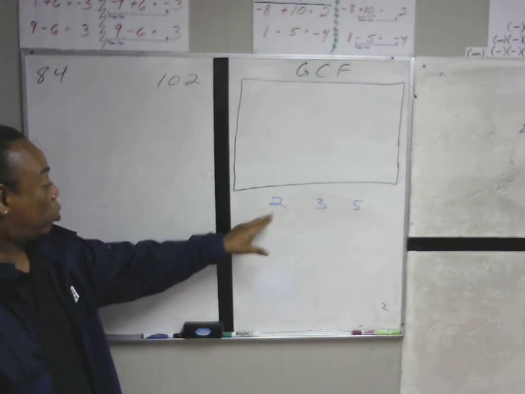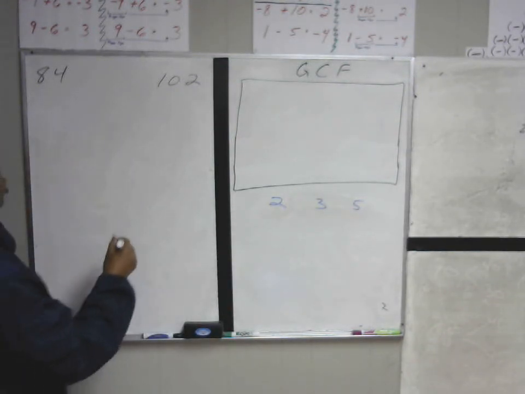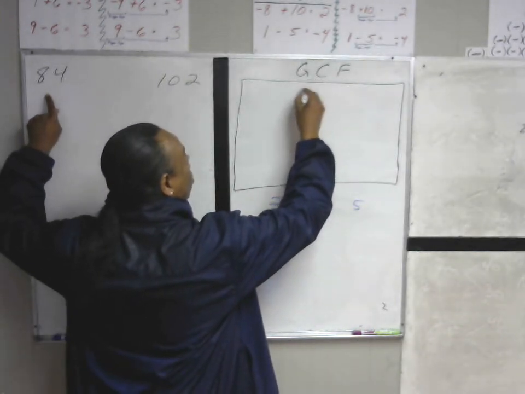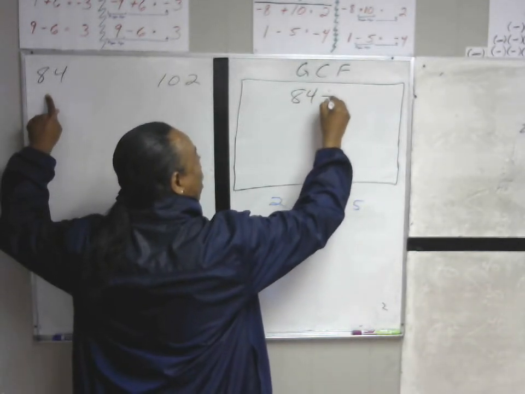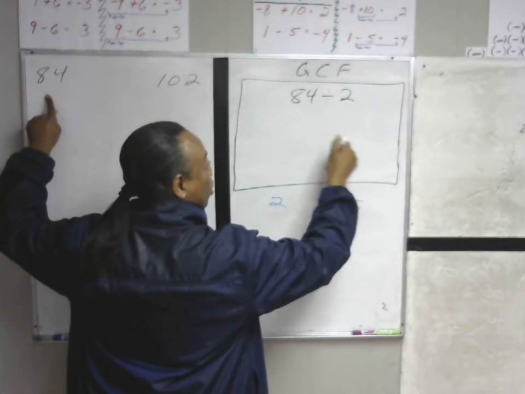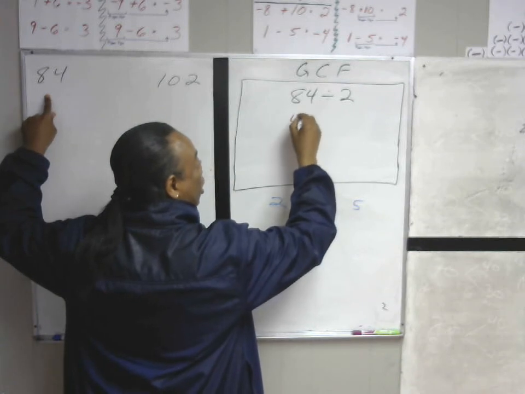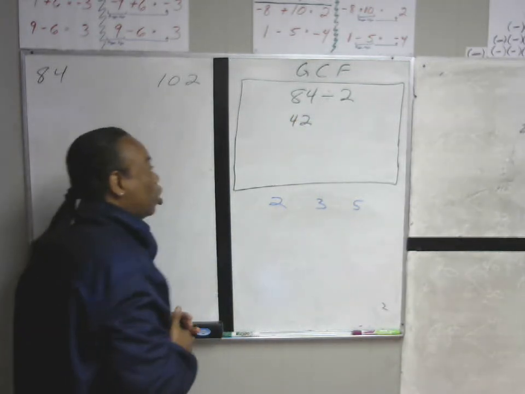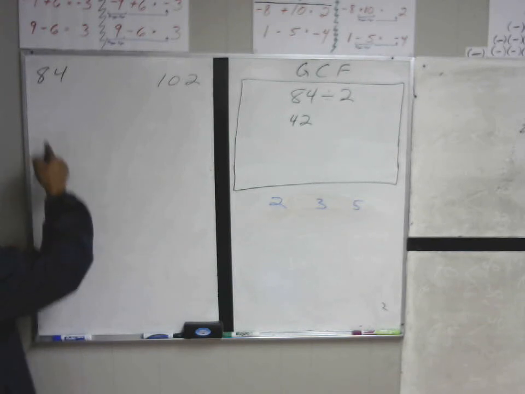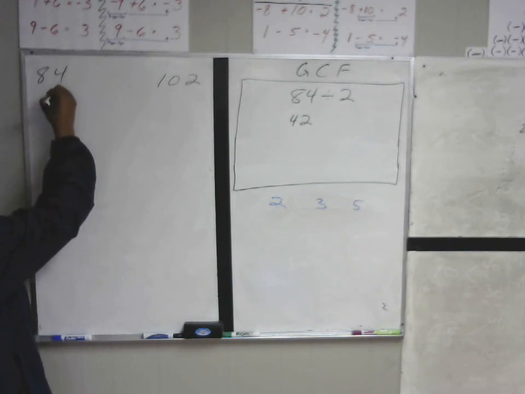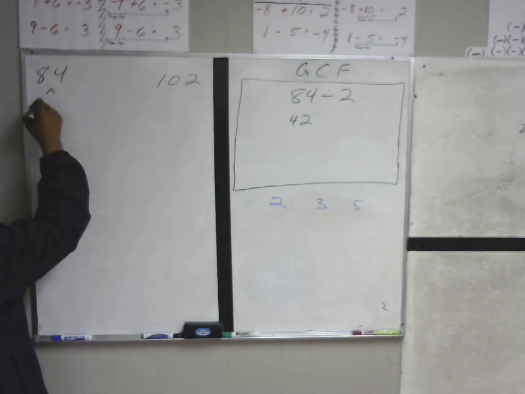So we start with 2. Type in 84 and then divide by 2, and then press enter, and you should get 42. So what that means is that 84 breaks into 42 times 2.